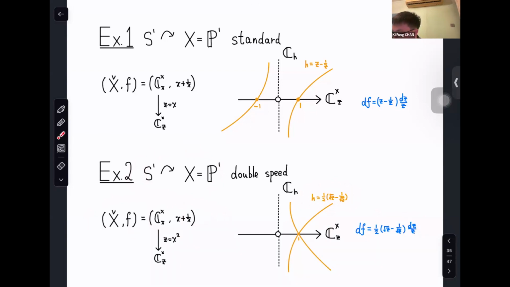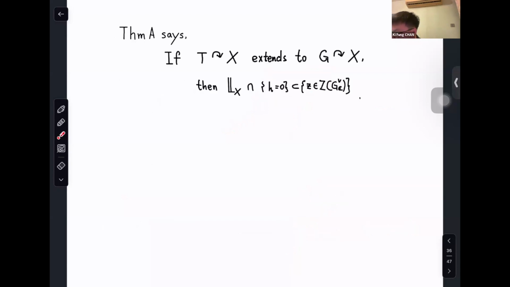So in example 1, the intersection of the Lagrangian with the zero section is plus or minus 1, which is the center of the dual group. And for the second example, the intersection of the Lagrangian with the zero section is equal to 1, also the center of the dual group. So that's the geometric picture for our theorem.